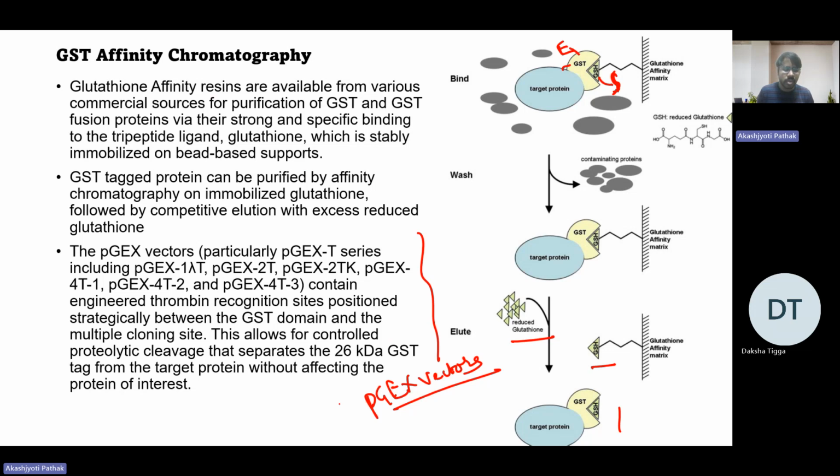If you clone the protein in this pGEX vector, in the multiple cloning site, post the multiple cloning site, there is this GST tag. So your protein will be expressed along with this GST tag. Another function of expressing a GST tagged protein is that this GST is basically soluble, so it also helps in making the protein of interest soluble.